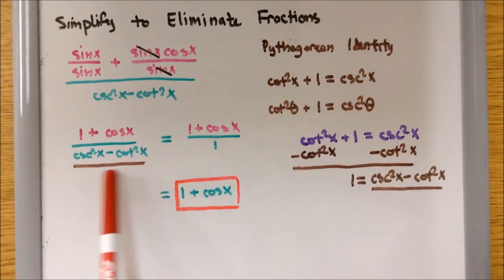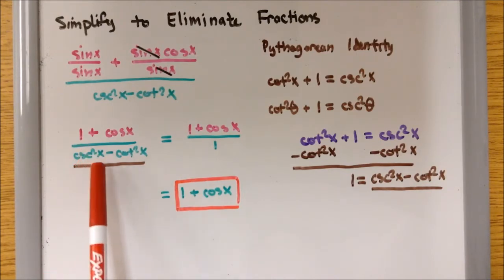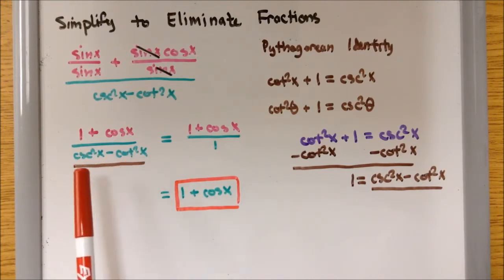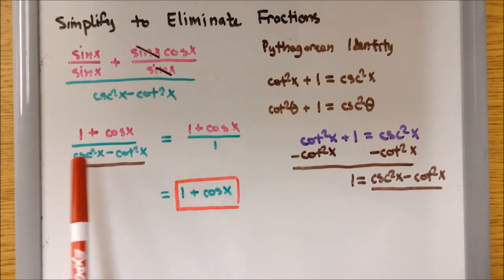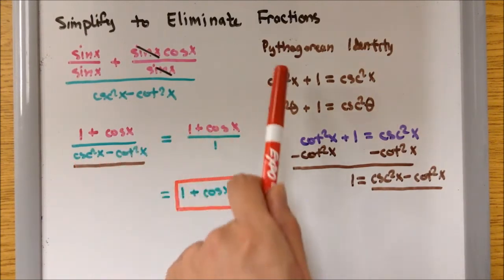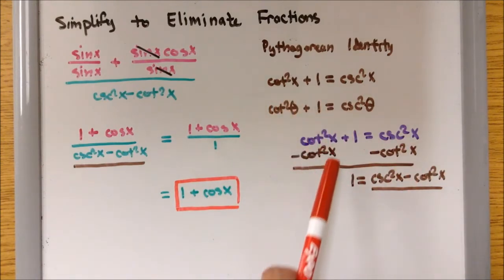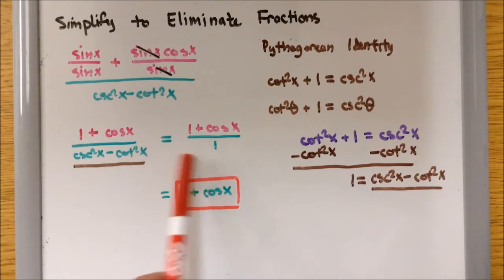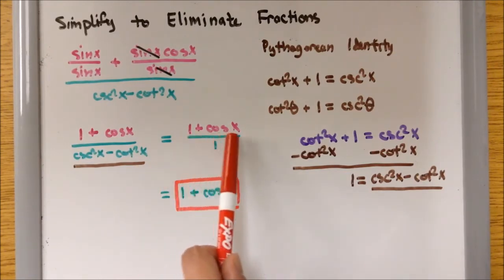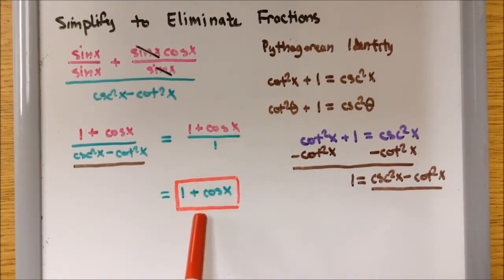Sometimes you have to take a closer look. There is a relationship between cosecant square x and cotangent square x, especially when I said square on both of them. So since I know there's a relationship, that means that there is a Pythagorean identity where I got it on both sides and it equals 1. Simplify to 1 plus cosine of x over 1, and then the final answer is 1 plus cosine of x.